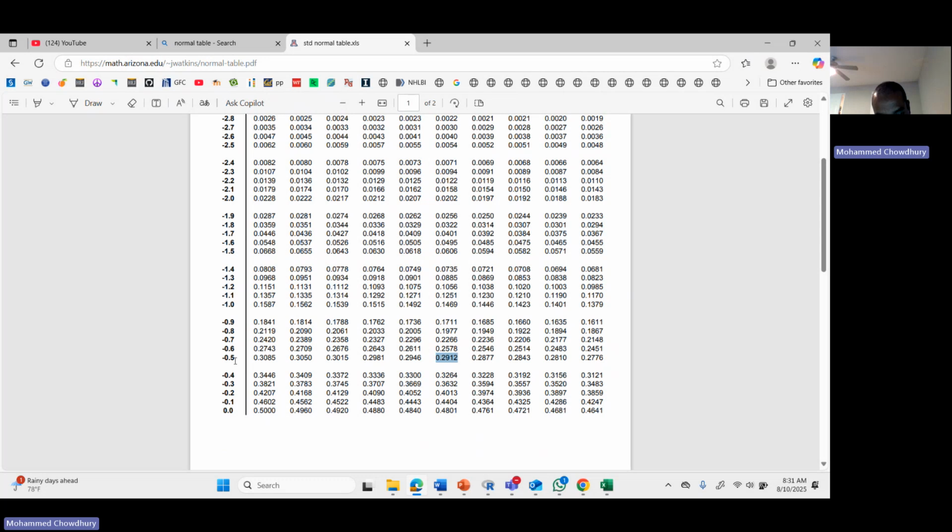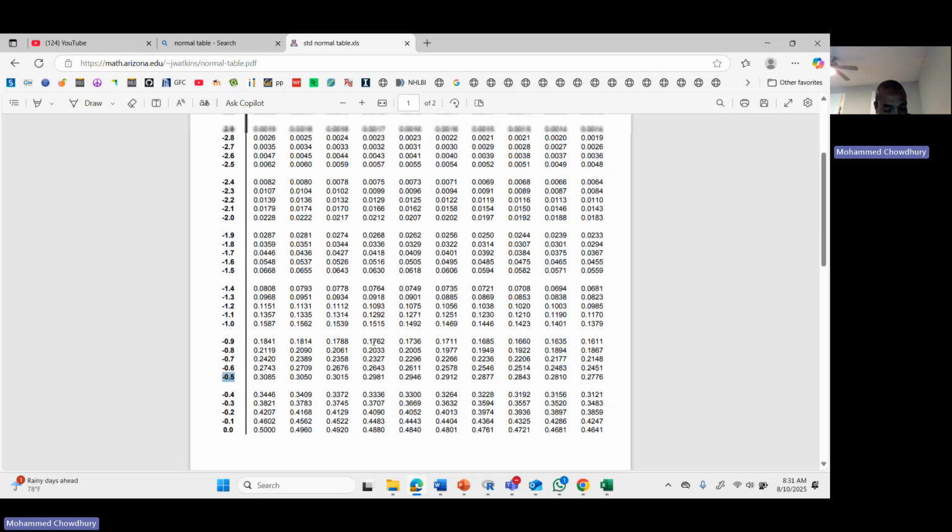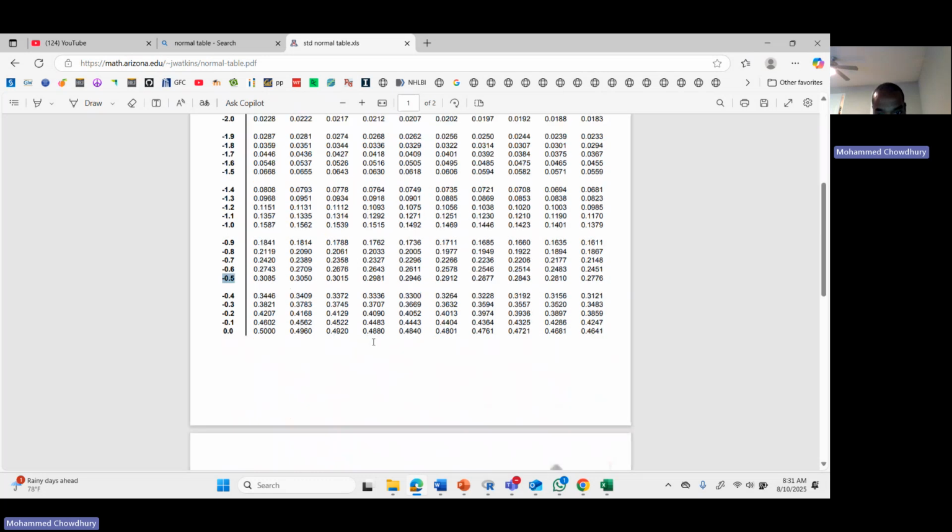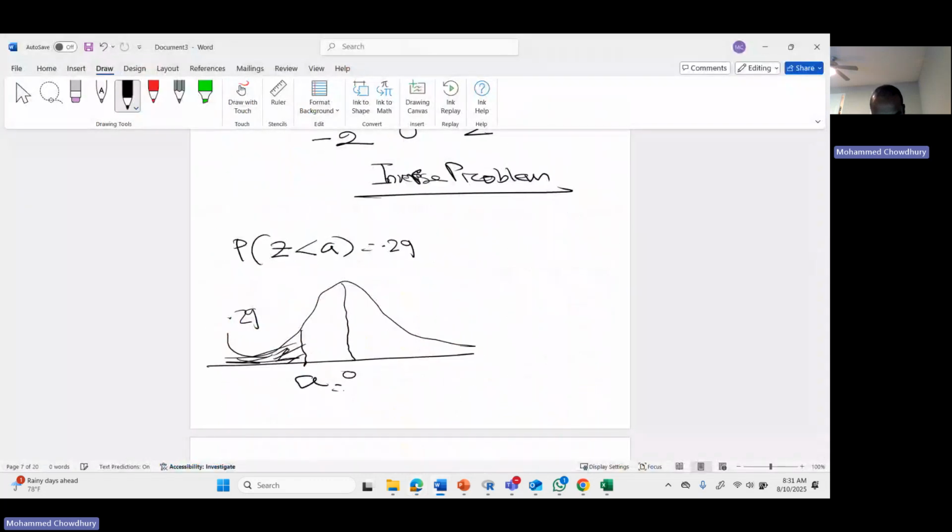So you can write negative 0.55. So a equals negative 0.55.